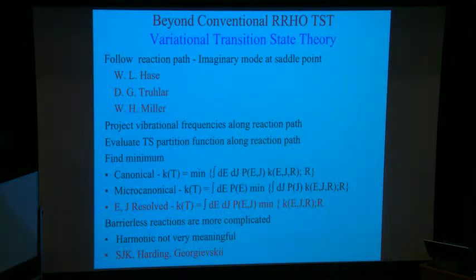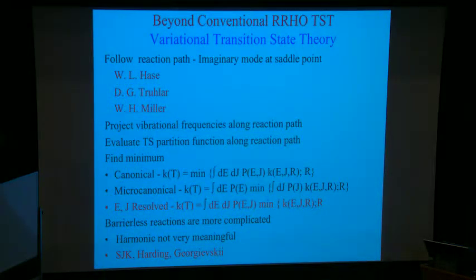The basic idea is you go to your saddle point, you find your saddle point, and you remember we've got one direction, one degree of freedom that gives us a negative frequency. That negative frequency corresponds with a certain direction in configuration space. We follow that direction in configuration space forward and backwards, and that defines for us some kind of path.